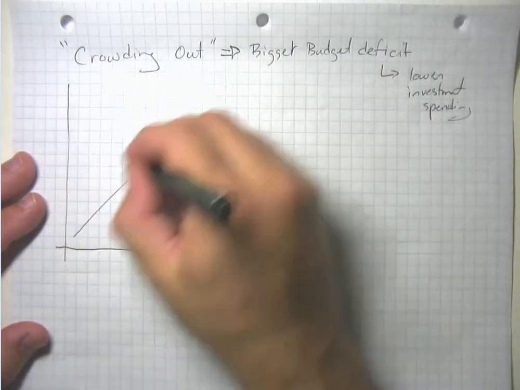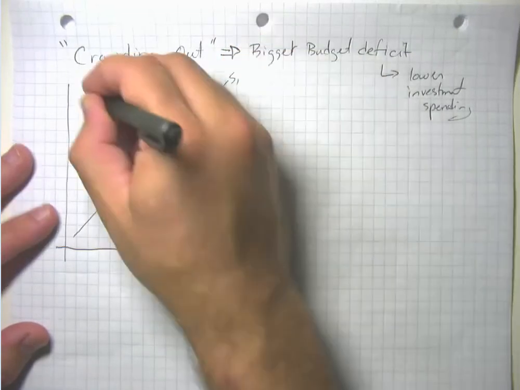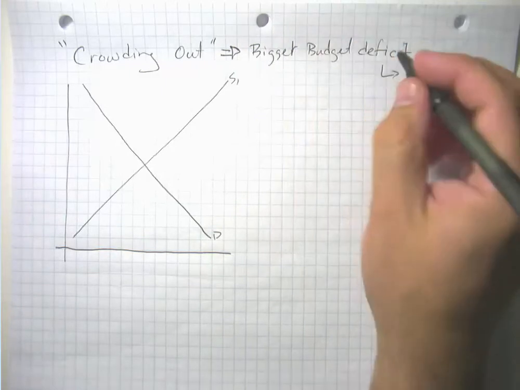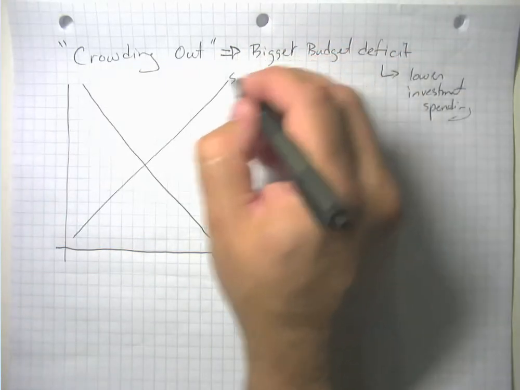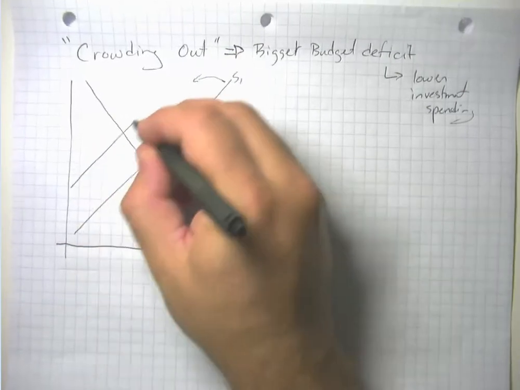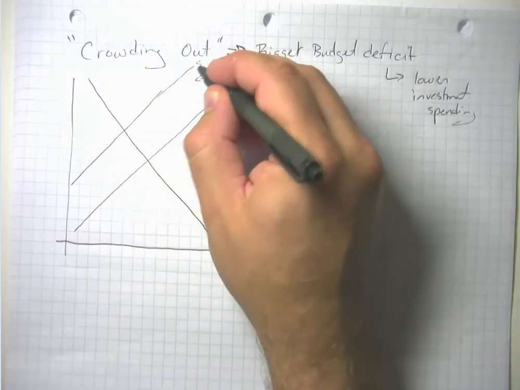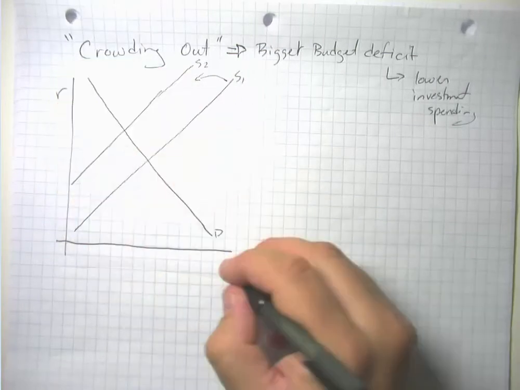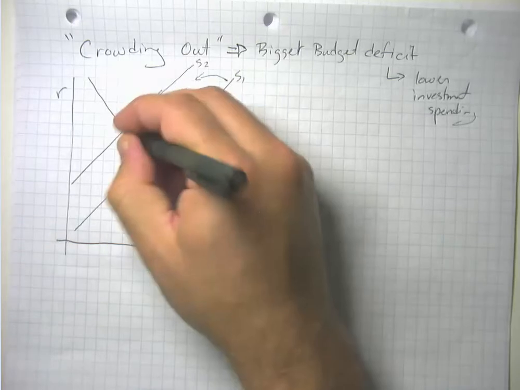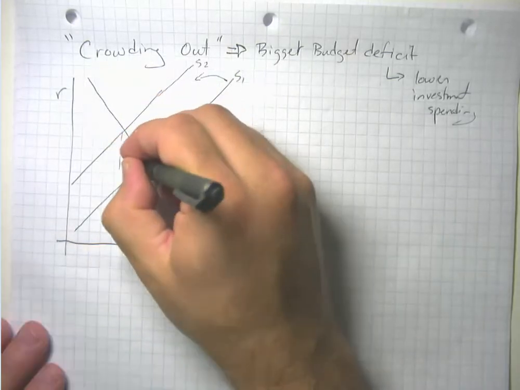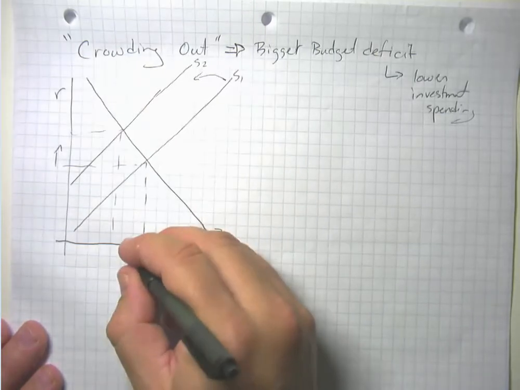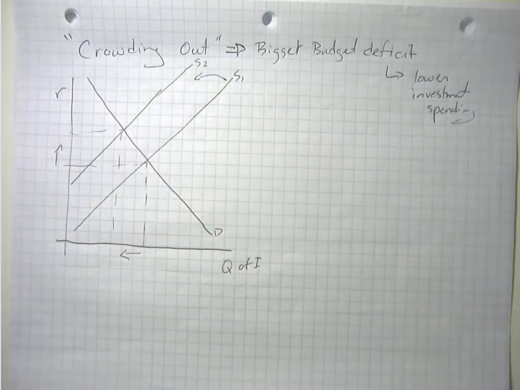And how does this play out in the diagram? Well, a bigger budget deficit means a lower level of national saving. So that's going to shift this supply curve to the left. And we're going to see that we both have an increase in real interest rates and a fall in the amount of investment spending.